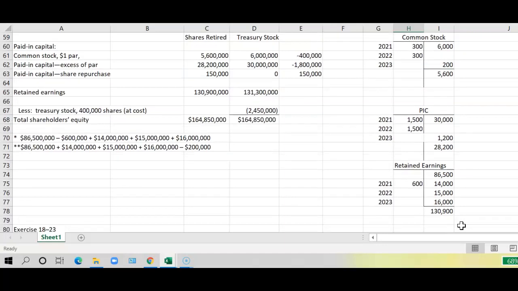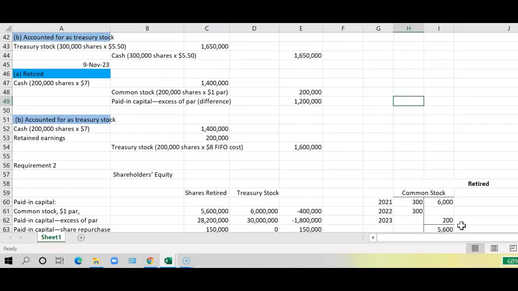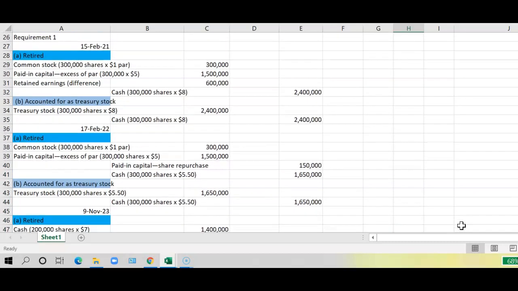Then I would review the 3 journal entries for the retirement of the stock, and I can see on February 15th, the retained earnings account was debited for $600,000. There was no change in retained earnings as the result of the transaction using the retirement method. So I don't have to post any amount to the retained earnings account for the 2022 journal entry.